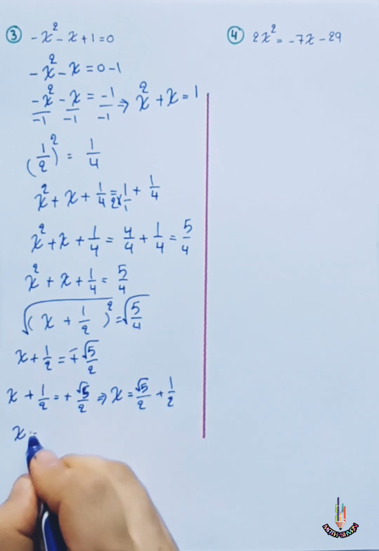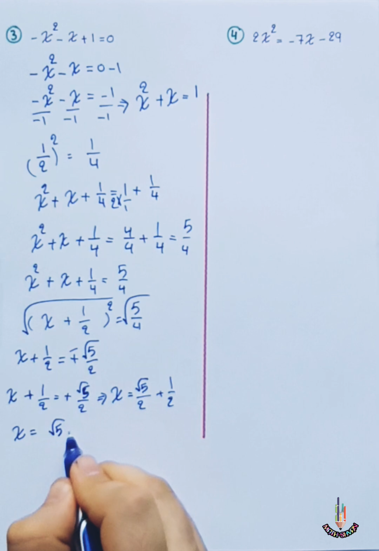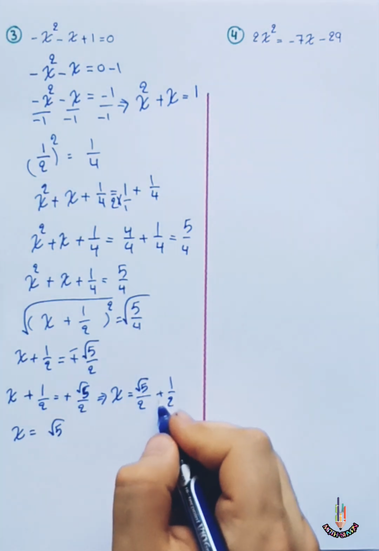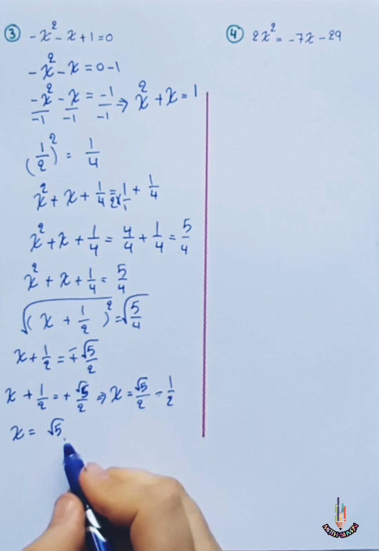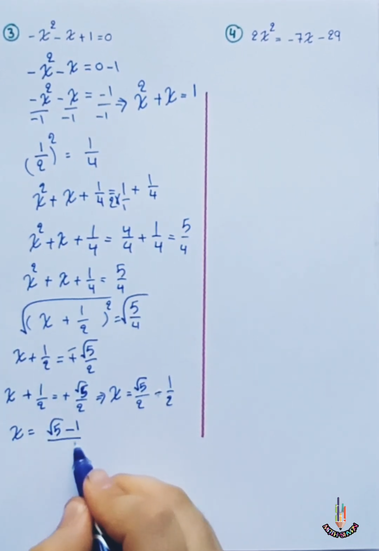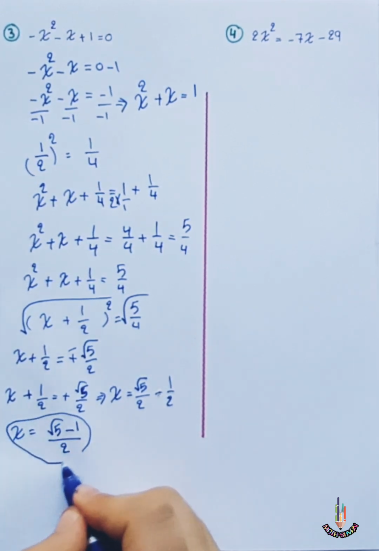So the value for x is the square root of 5 plus 1. So this sign should be negative. So the square root of 5 minus 1 out of 2, this is the first value for x.